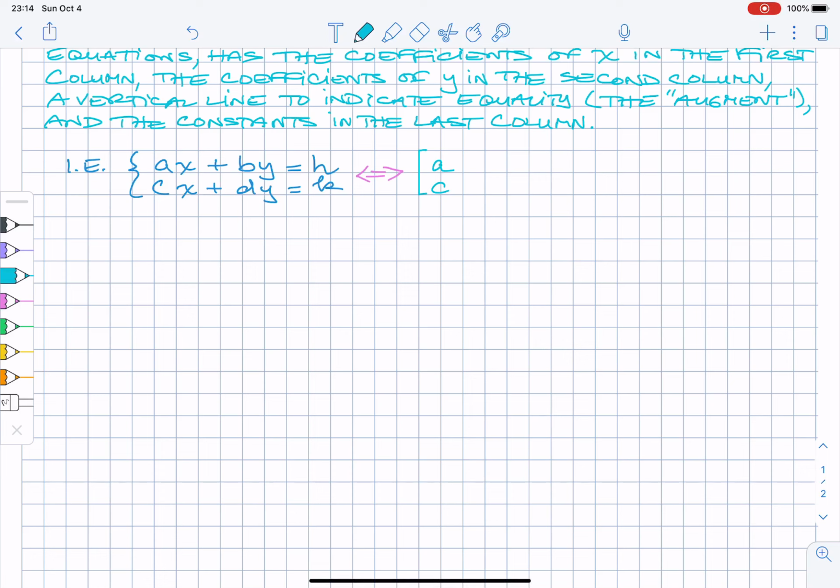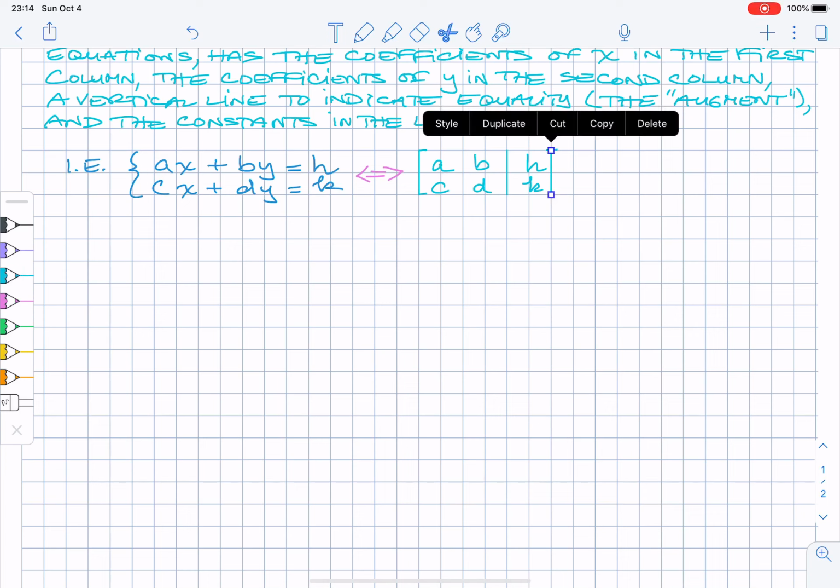Then the coefficients of y in the second column, which is b and d. Then the augment, which is a vertical line that indicates equality, and the constant coefficients h and k in the last column. Autocorrect will be the bane of my existence. Okay, there we go.